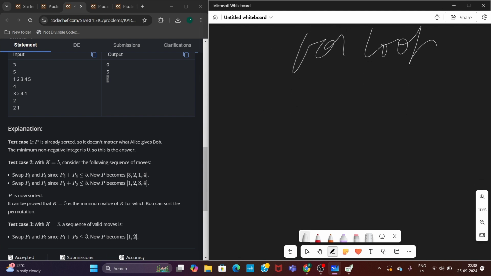In the for loop, we are checking from n minus 1 down to 0. The size of our array is 4, so 4 minus 1 is 3; the indices are 0 1 2 3, meaning from 3 to 0 we will check.